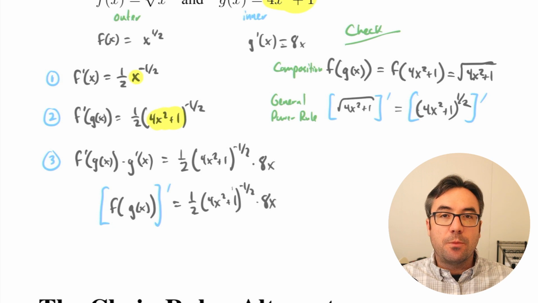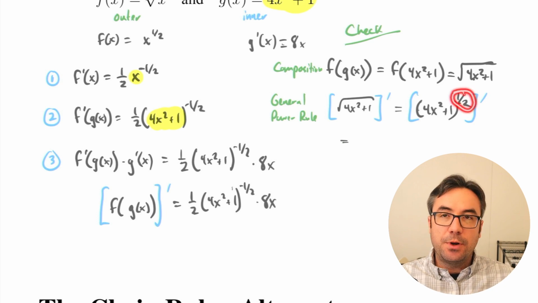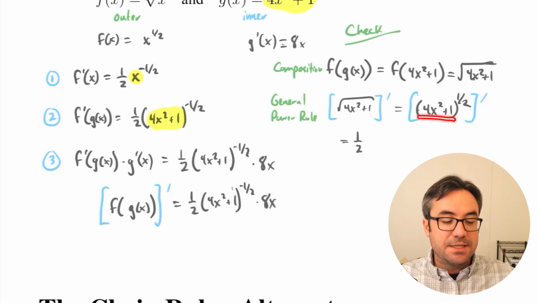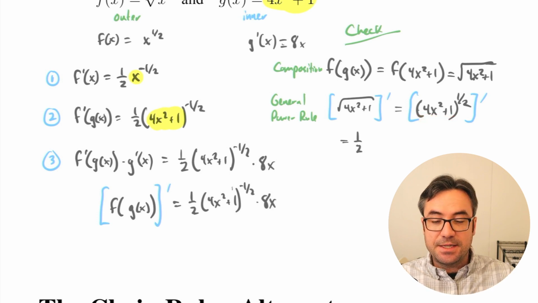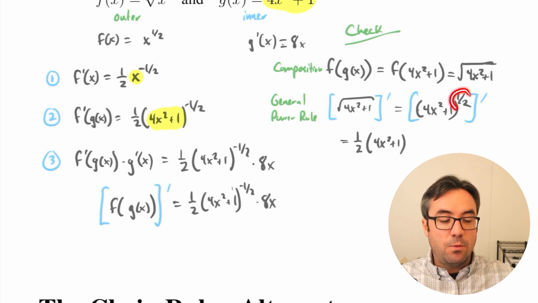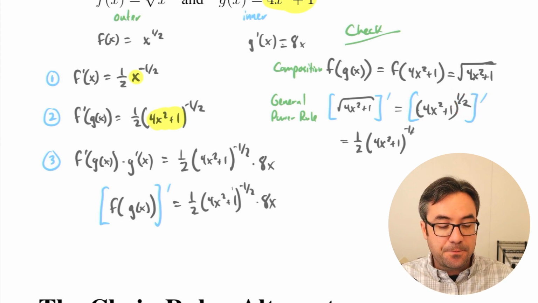And what does our general power rule say? Well, we bring down the exponent and put it in front, so we put the 1/2 in front. We keep the term inside the parentheses exactly the same. Then we subtract 1 in the exponent, so it takes us from 1/2 down to negative 1/2.